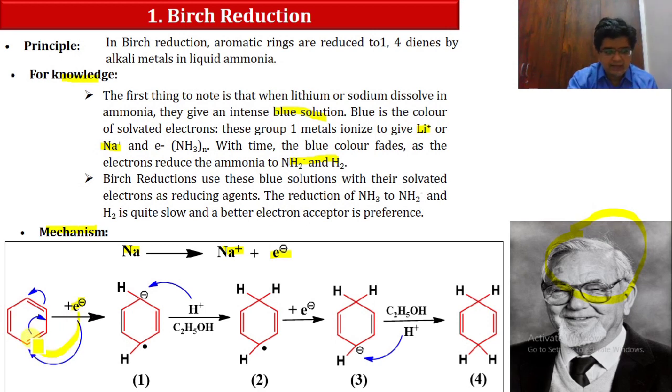So this pi bond will be broken, or we can say this will migrate over here and this will migrate over here. So one of the electrons of the pi bond will form a negative charge on the benzene ring, and this free electron will attach over here. So here we have a negative charge as well as a free radical.